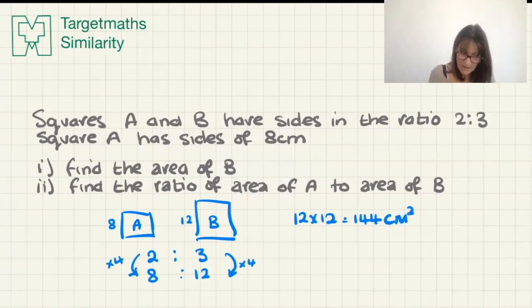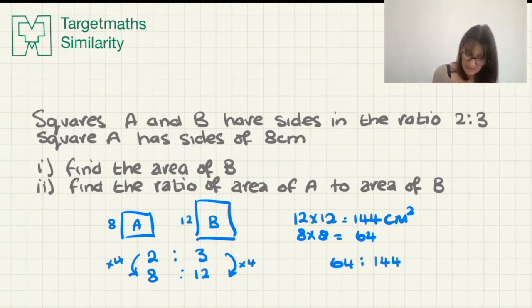It then says find the ratio of the area of A to the area of B. So with this one, I'm going to find the area of A, which is 8 times 8, which is 64. We set this up, 64 to 144, and then that will cancel all the way to 4 to 9.